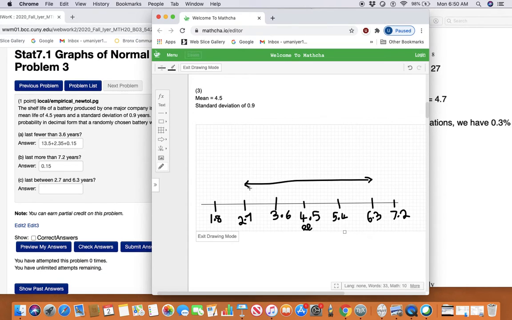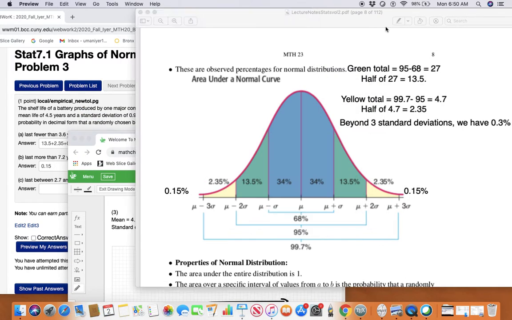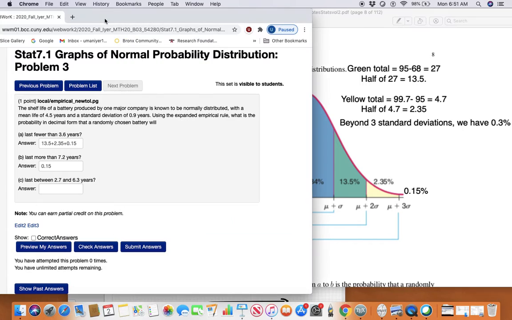From the mean, I go 2 steps to the left and 2 steps to the right. So between these two, that's 95%. Between 2 standard deviations, you have 95%.